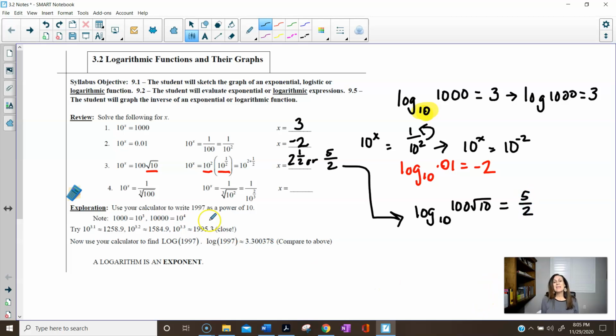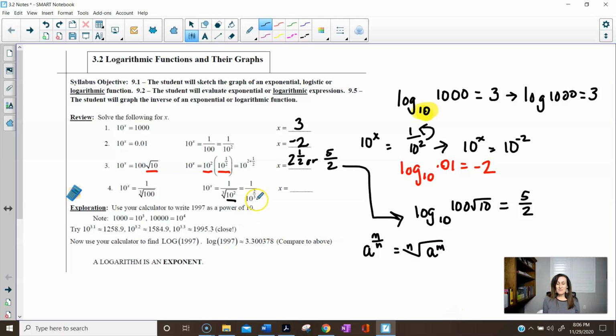That's a logarithm. 10 to the x equals 1 over the cubed root of 100. So we're going to rewrite this. 100 is the same thing as 10 squared. Well, let's remember this formula here. A to the m over n is the same thing as the nth root of a to the m power.